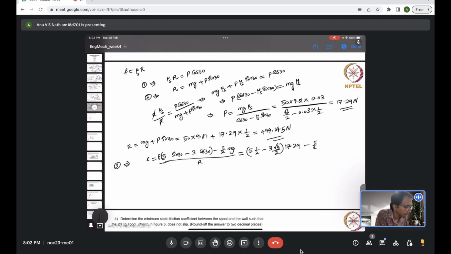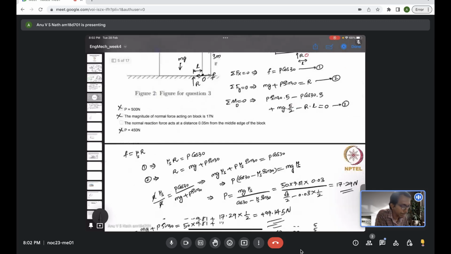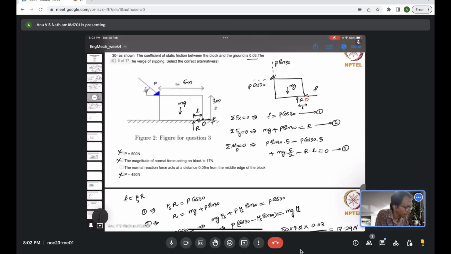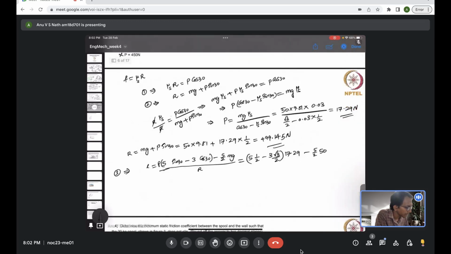What was m? 50 kilogram. So 50 times g is 9.81, the whole divided by R, the normal reaction that we have just evaluated, which is 499.145. So if you evaluate, we will get the value of L. Let me evaluate that.